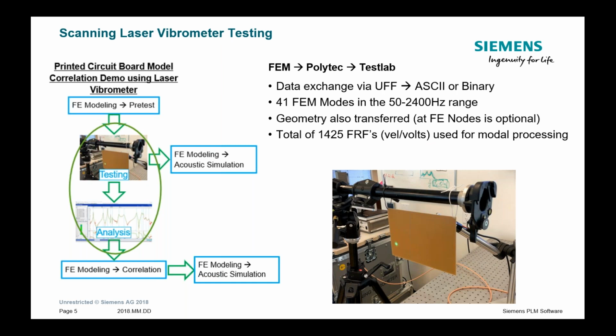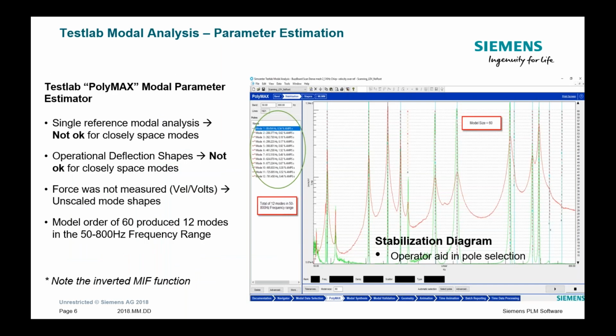So a look at the stabilization diagram. Once you've got the data from Polytec and transferred up by the universal file into Testlab, then you can use the group of FRFs for the modal analysis. And this is a look at the stabilization diagram, which is an aid in pole selection.